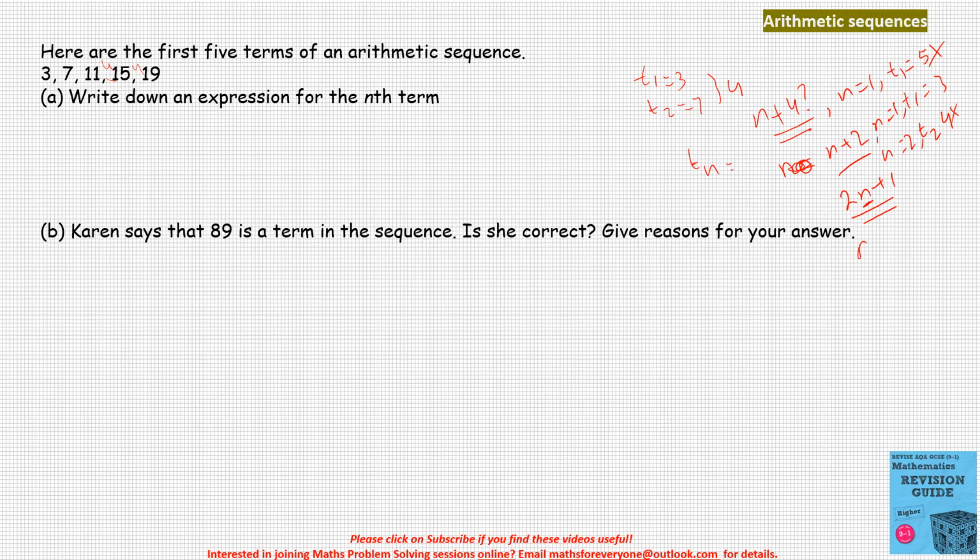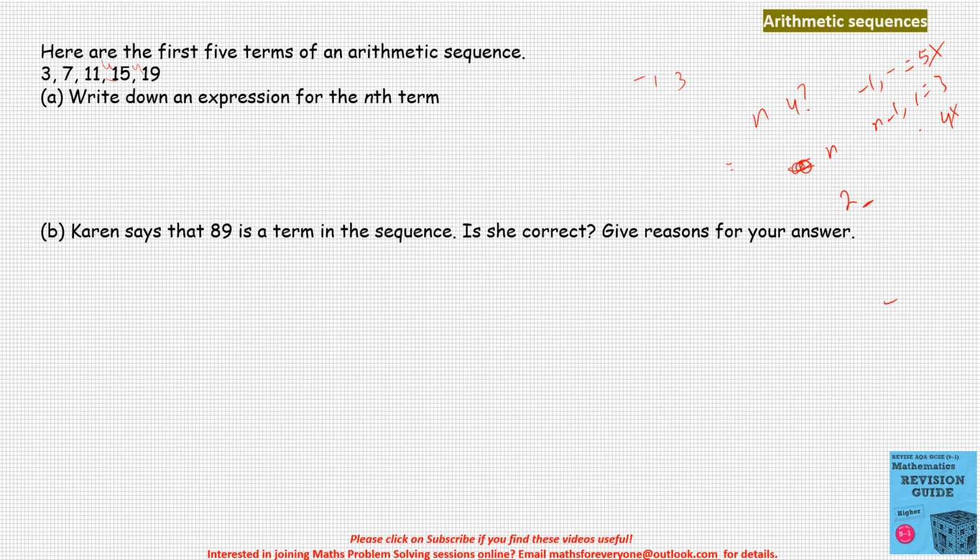If n equals 1, then 2 plus 1 is 3. So the first term is 3, which is correct, but the second term will be 2 times 2 plus 1, that is 5, which is wrong. So it is not 2n plus 1 and it is not n plus 2.